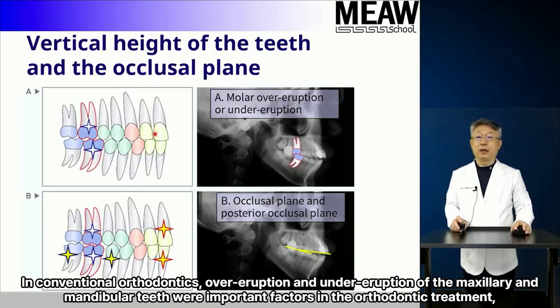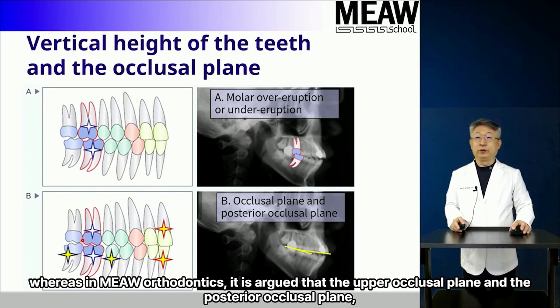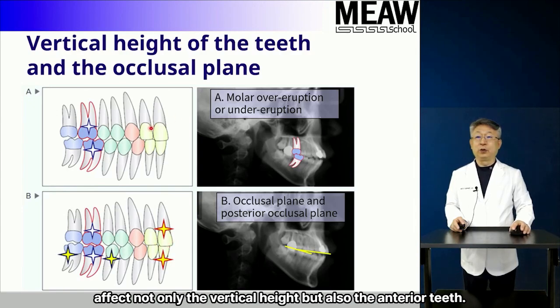In conventional orthodontics, overeruption and undereruption of the maxillary and mandibular teeth were important factors in orthodontic treatment. Whereas in MEAW orthodontics, it is argued that the upper occlusal plane and the posterior occlusal plane affect not only the vertical height but also the anterior teeth.